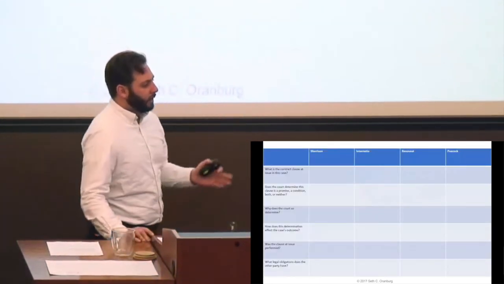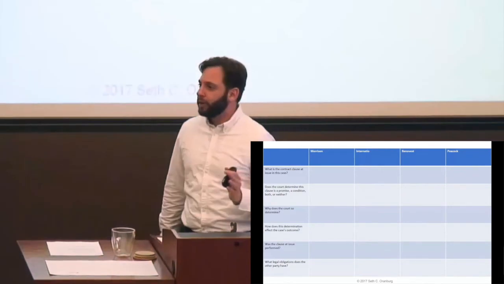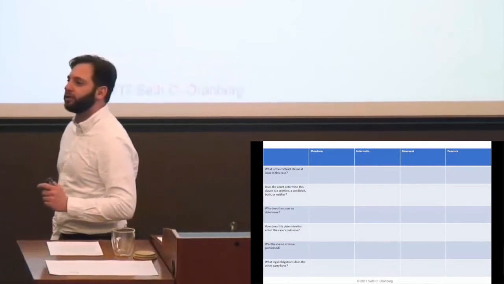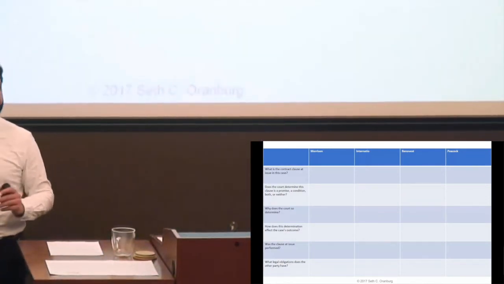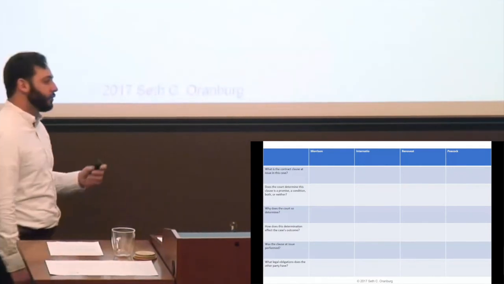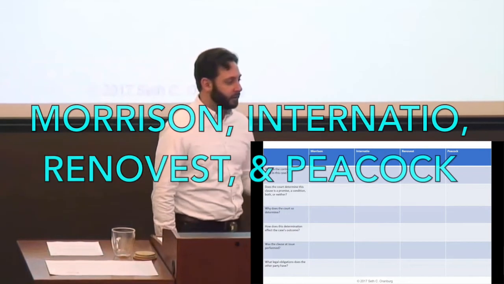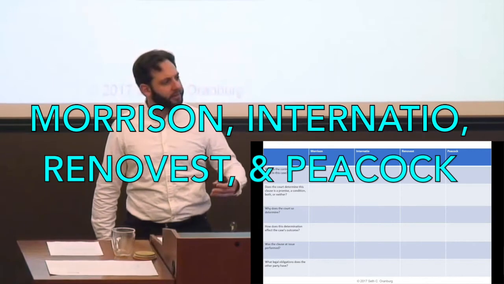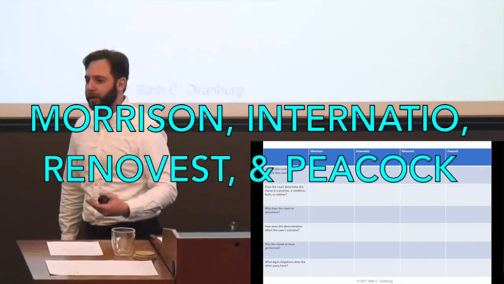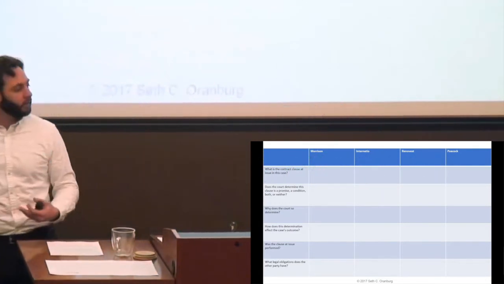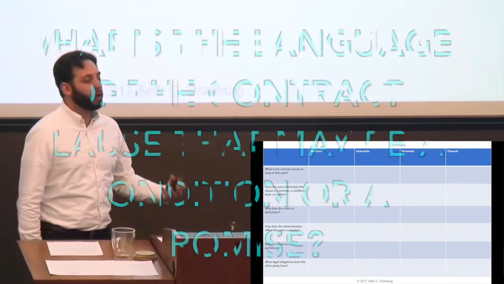So, I think you should, if you haven't already, take a look at this chart on here. I would suggest that you think about these cases, maybe try to flesh them out a little bit. These are our 4 cases regarding express conditions. And I think that the categories here that you might want to think about in organizing your thoughts, you should think about what are the clauses at issue.